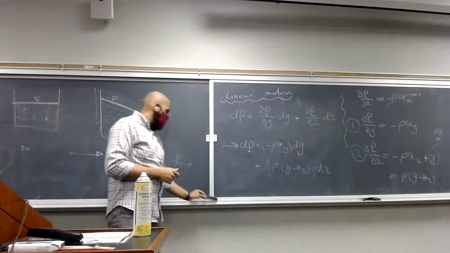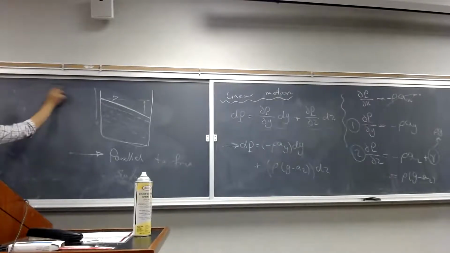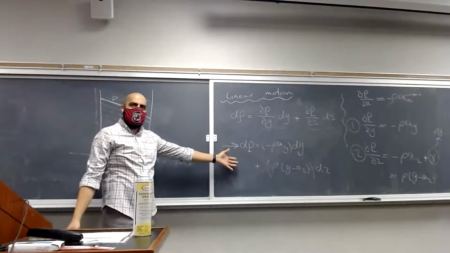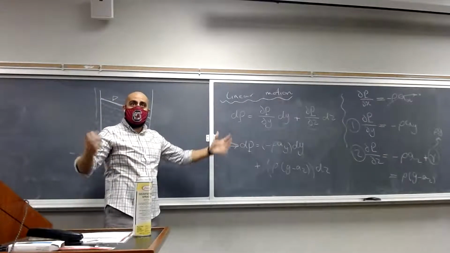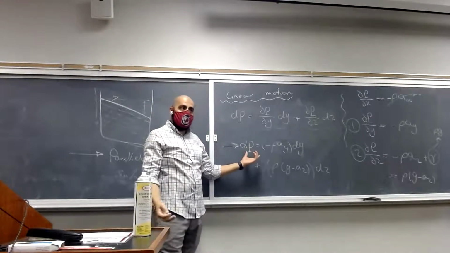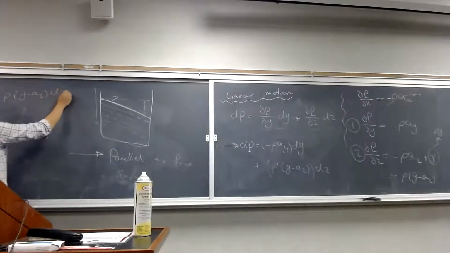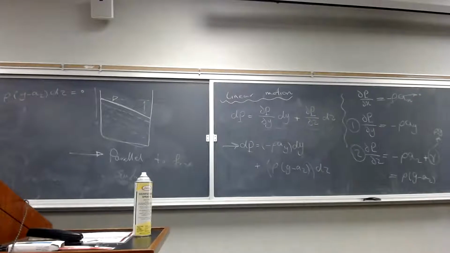So we want to apply this general equation to the free surface or any of the constant pressure lines. What does constant pressure mean for changes in pressure? It means that changes in pressure is going to be 0, right? So that equation, negative rho ay dy plus rho (g minus az) dz, is going to be equal to 0 on the free surface.